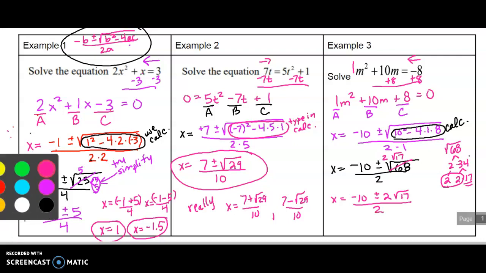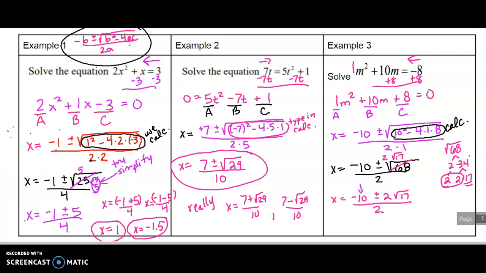Now we broke down the root, but we actually can simplify this more. We've got 1, 2, 3 terms, and they all divide by 2. So we want 2. So if I divide by 2, I can also think of that as splitting them up. I can put this over 2 as well.